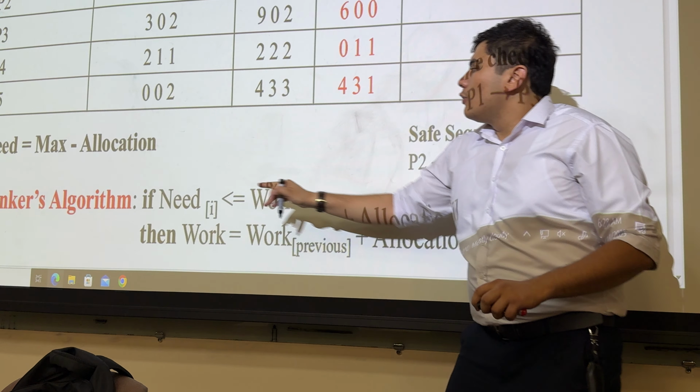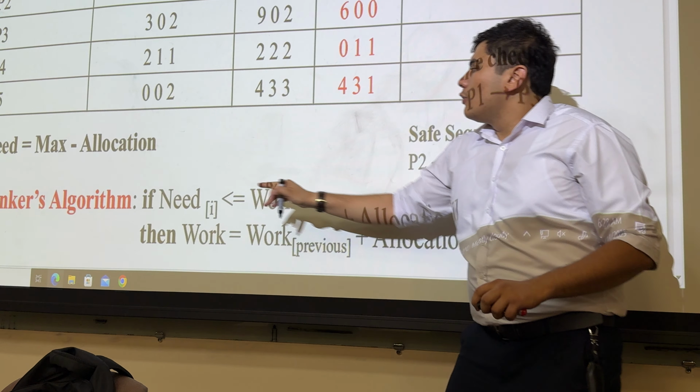Now we are going to check P5. We are going to check the need of P5: 431. Is it less than or equal to the balance, 743? The answer is yes. So you need to update your balance.